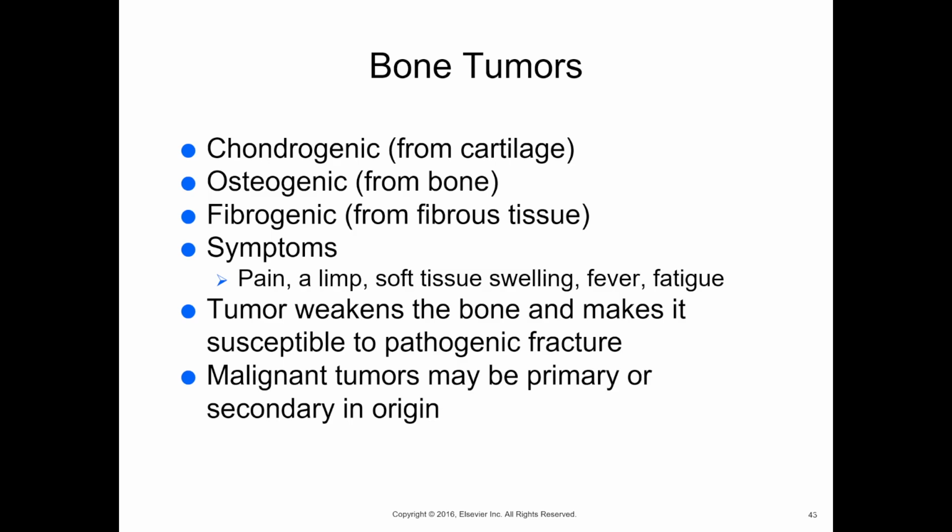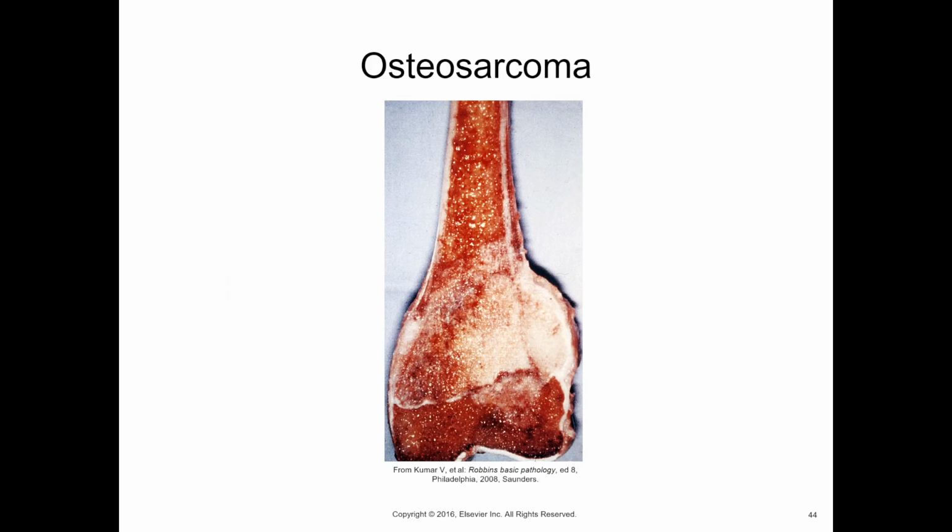There are many different types of bone tumors, but the five most common. Multiple myeloma is the most common type, typically in older individuals. Osteosarcoma, as you see on the screen right now, is the most common bone tumor in young children, but it can happen in the adult population.